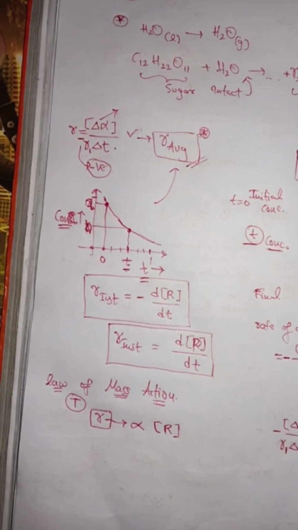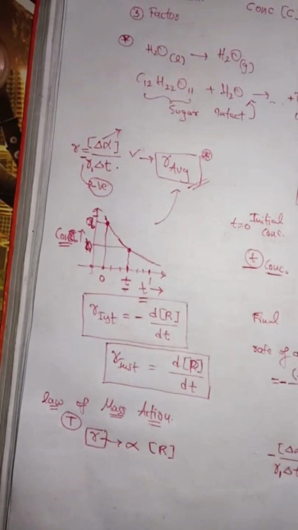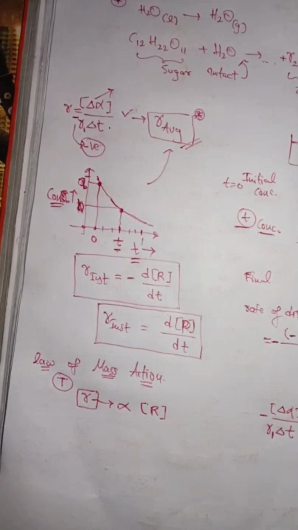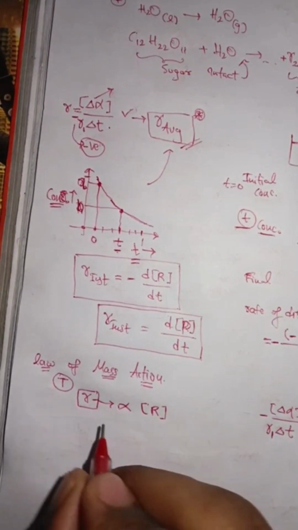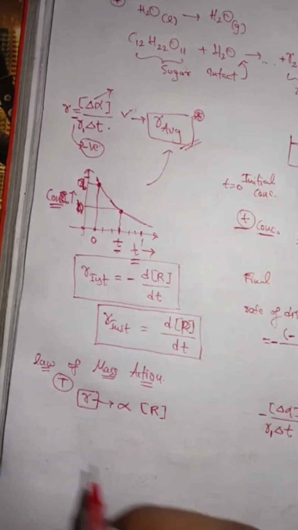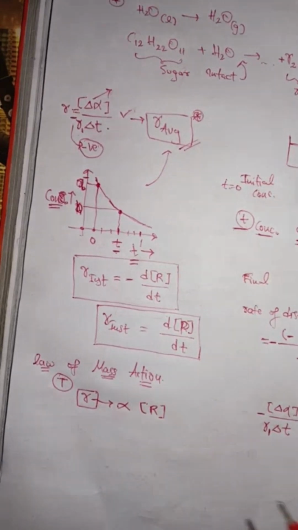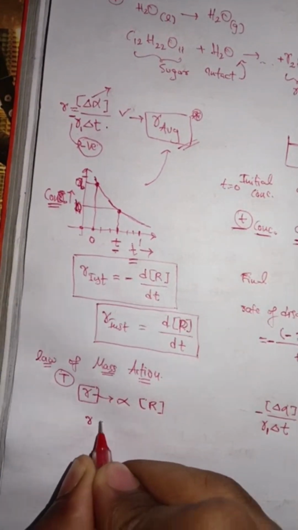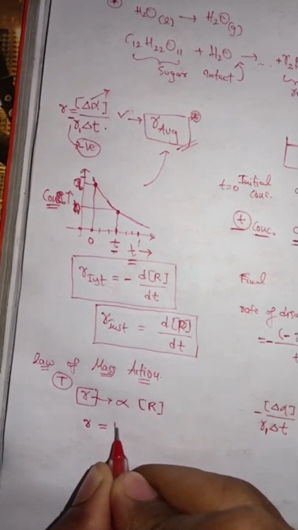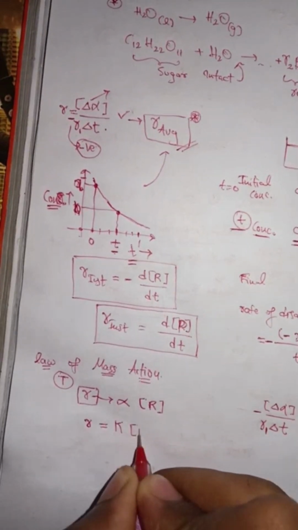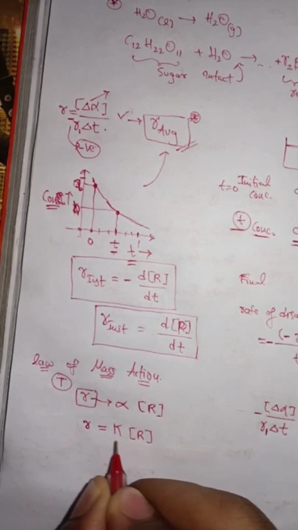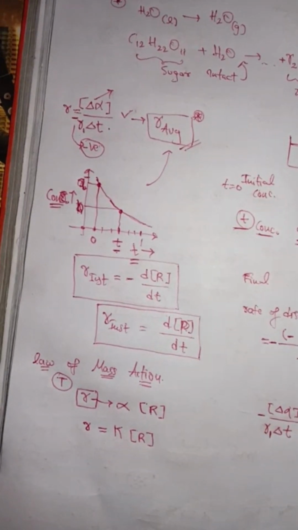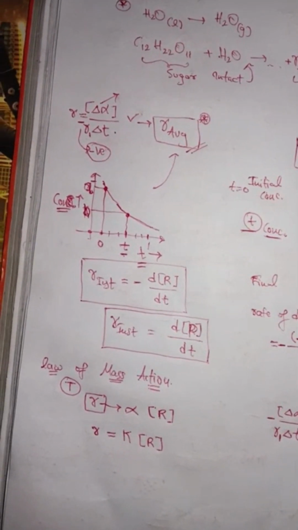The equation becomes complex when we consider temperature and other factors which influence the rate of reaction. But the law of mass action is simpler, as we express here: the rate is equal to a constant k times the concentration of the reactant. Why this k comes, I will explain later if possible.